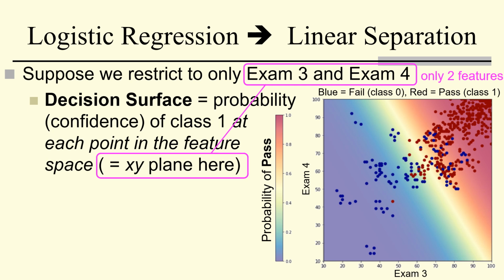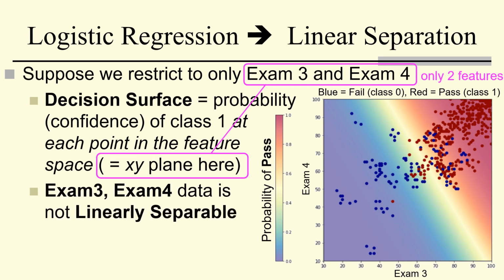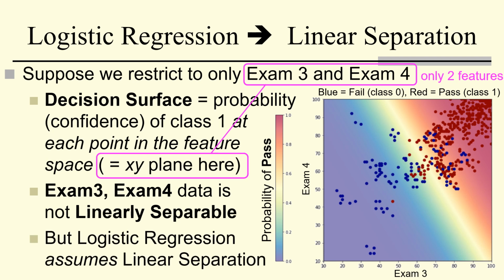And where we have the blue is class 0, and where we have the red is class 1, and then it changes to a yellow and a bright color. That defines the margin. So it's not linearly separable, but logistic regression assumes linear separation.